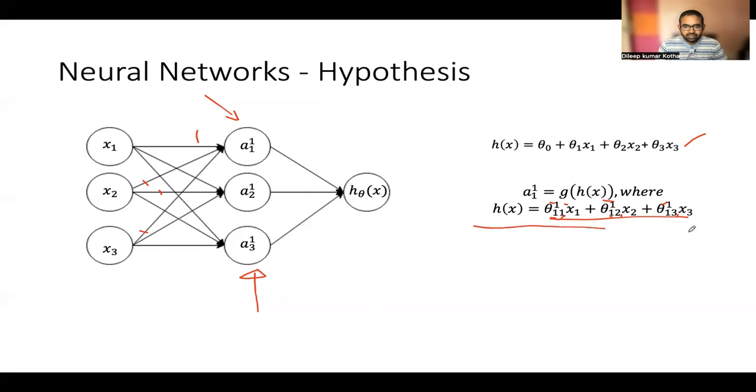Once we get our hypothesis, we can take a sigmoid of it, and that will give us the value of A11. And in the end, our hypothesis will be sigmoid of this.